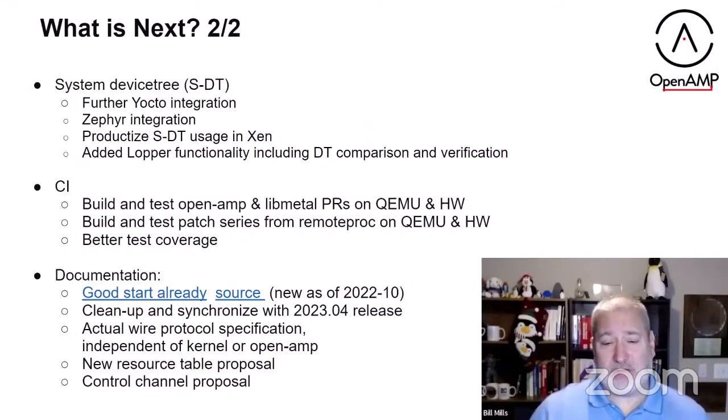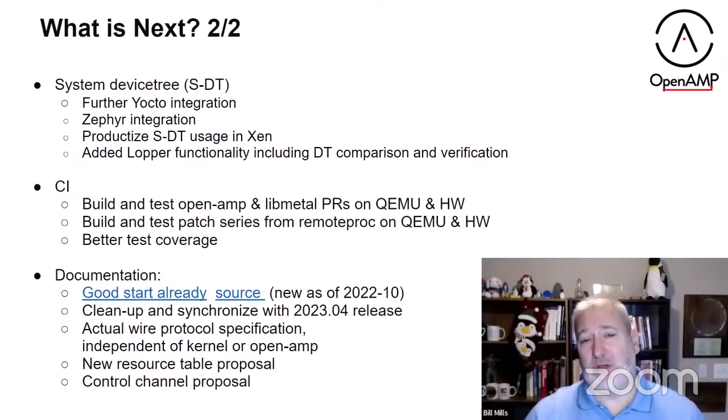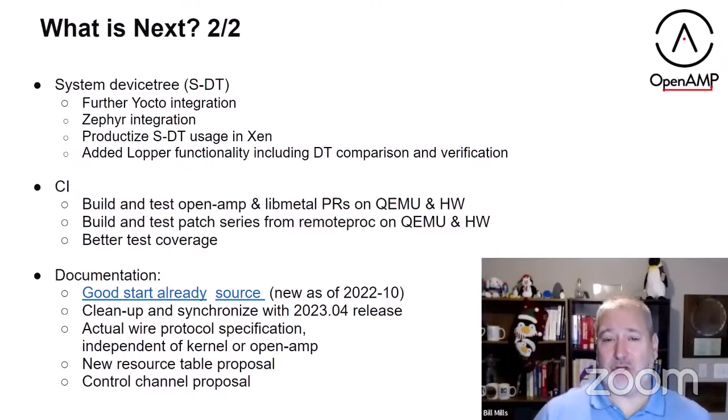This covers things that aren't documented already for Virtio upstream at Oasis. We're talking about enhancements to the resource table, and I talked about that control channel enhancement. A good way to drive the discussion of those enhancements is to write documentation PRs that change the specification to show how it would change with these enhancements.